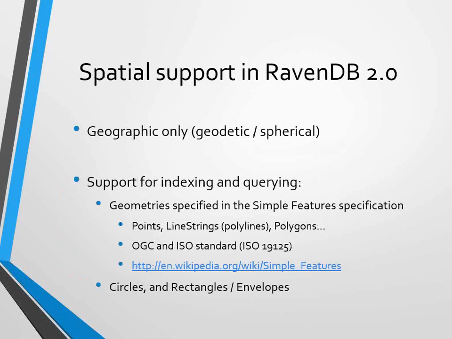So the spatial support in RavenDB 2.0 is, at the moment, supports geographic data. This is where the world is spherical. RavenDB supports indexing and querying geometries that are specified in the simple feature specification. This is a specification that's been standardized by ISO and OGC, which is the Open Geospatial Consortium, I think it is.